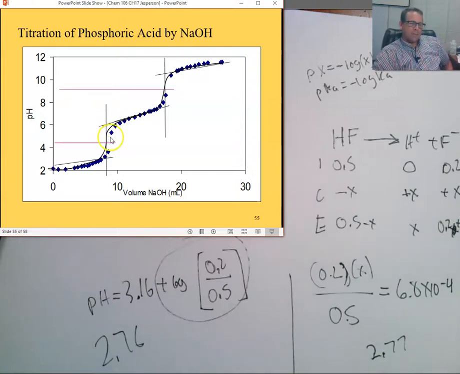Okay. Well, this represents the titration of one hydrogen ion on phosphoric acid. But then if you continue the titration, a second hydrogen ion comes off of the phosphoric acid. So whenever there's what they call a diprotic acid, there will be 2 bumps like this.